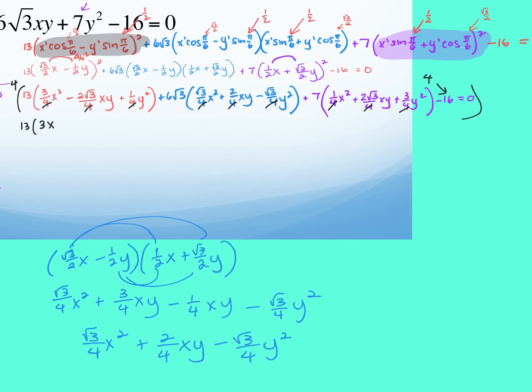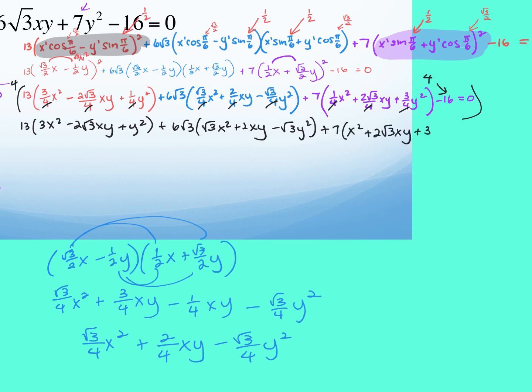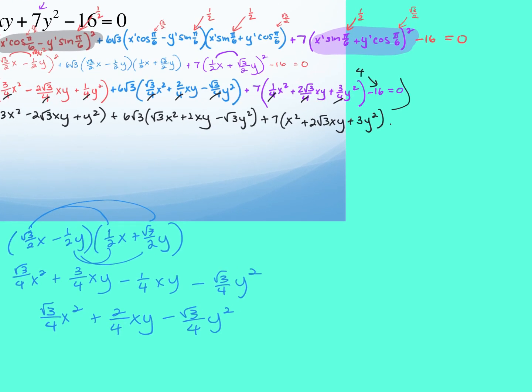13, 3x squared minus 2 root 3 xy plus y squared plus 6 root 3 x squared plus 2xy minus root 3 y squared plus 7x squared plus 2 root 3 xy plus 3y squared minus 64 equals 0.